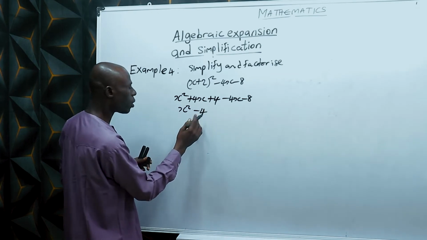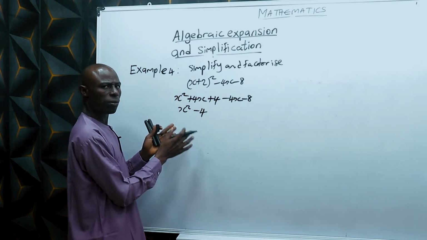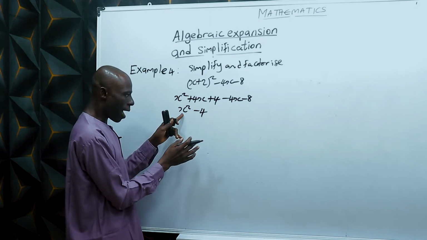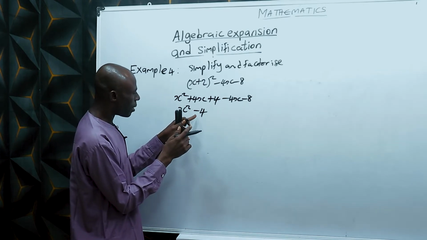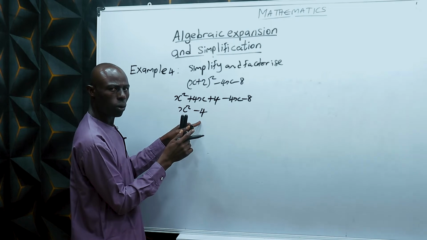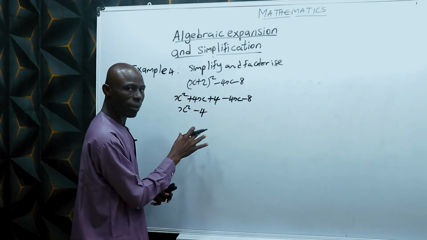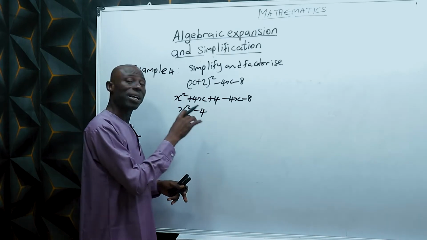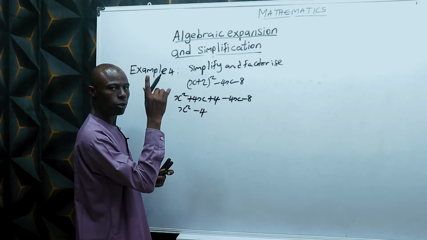Good. So looking at this is giving you the picture of difference of two squares. I've told you x squared is a perfect square. Negative 4, or let's say 4, the absolute value here, is a perfect square. So express this 4 in power 2.